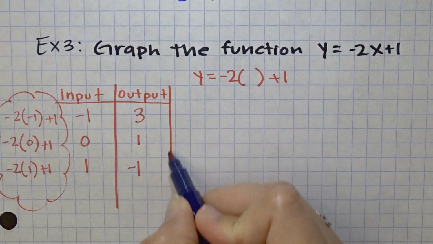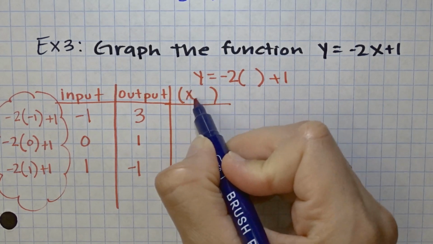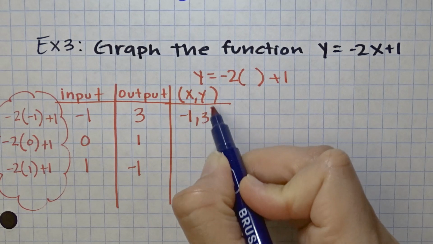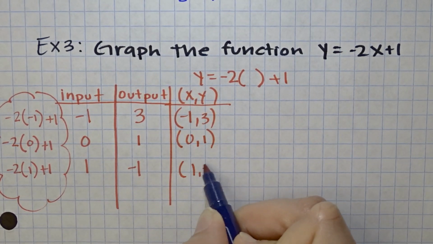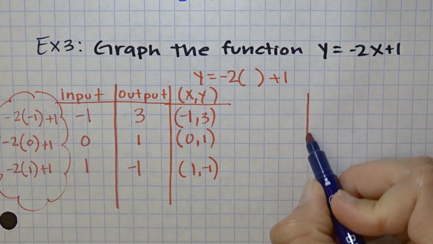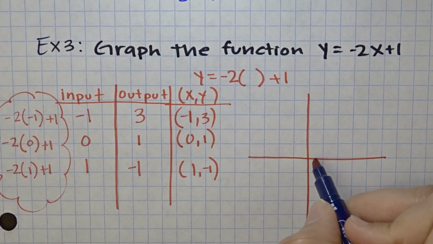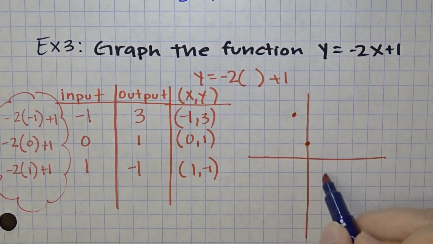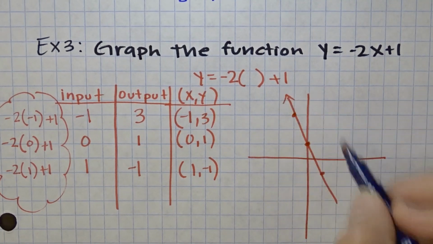So now if I want to also add my coordinates, you understand this is your input with that output. 0, 1 is my second one, and 1, negative 1 is my third one. And then again, you would just put them on the graph. Negative 1, 3, 0, 1, and 1, negative 1. And then your line does this.